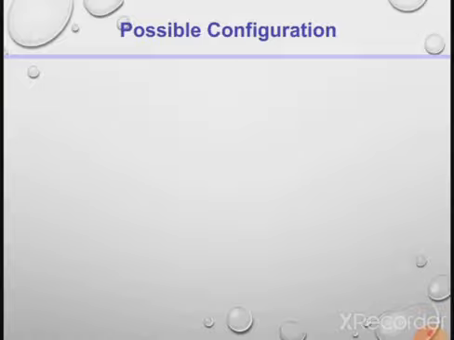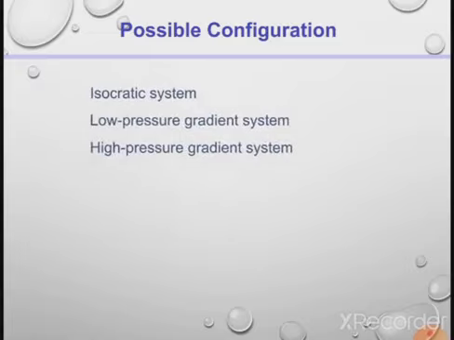Now the next possible system is the low pressure gradient system. Low pressure gradient system means we are mixing the mobile phase according to our need prior to the pump.